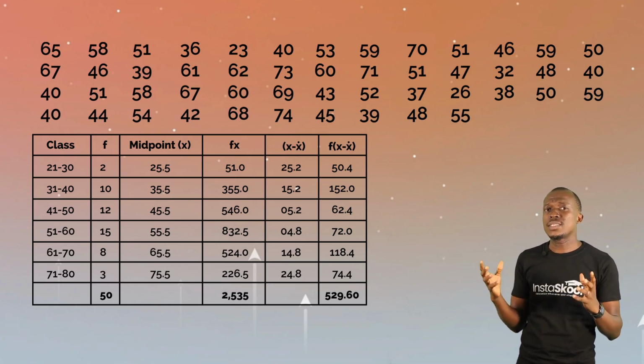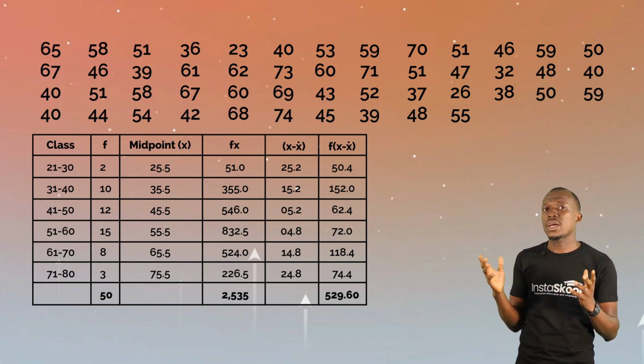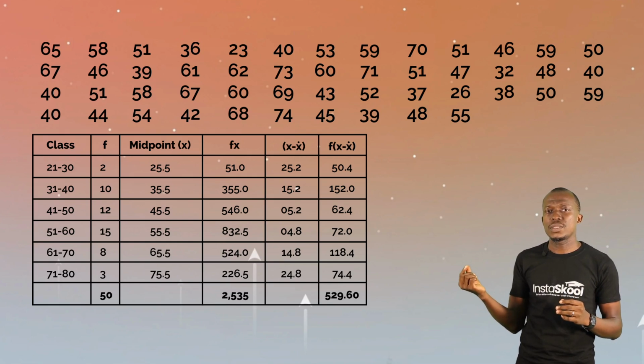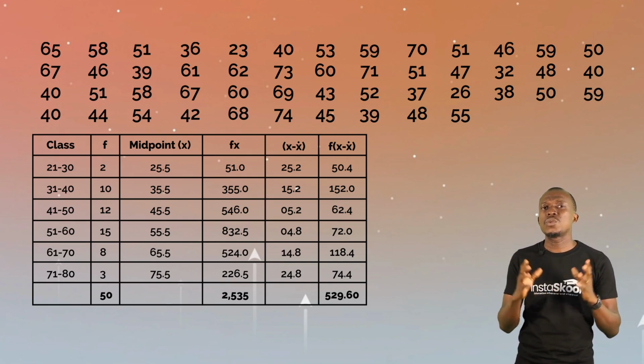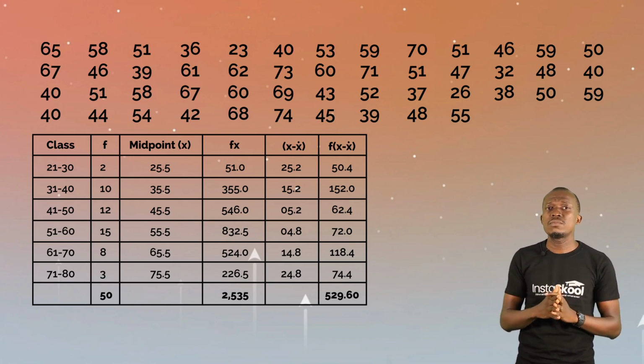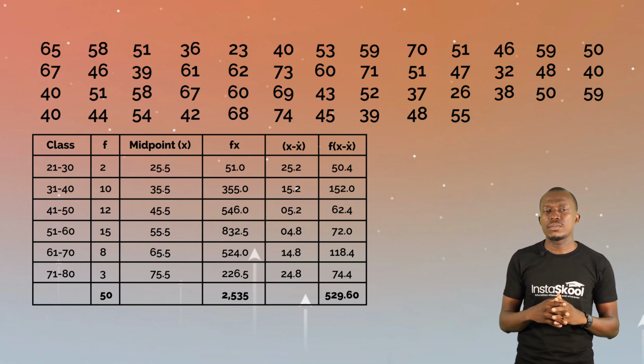So we look at the data. What numbers fall within 21 to 30? You count them and put the frequency. So for the first one, 2. You look at the second class. What numbers fall within 31 to 40? So using that system, we populate our frequency column.